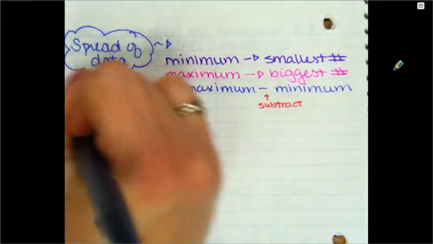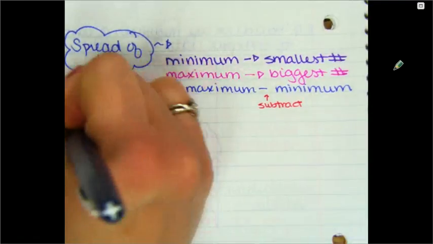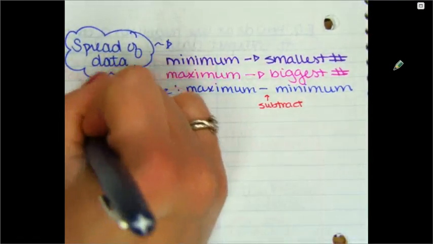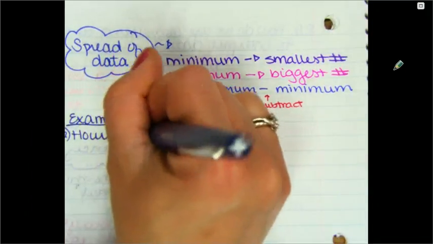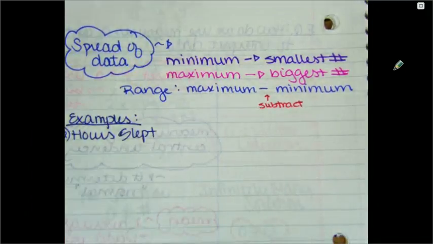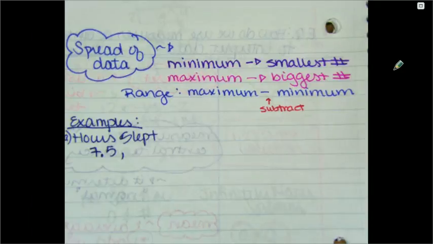Alright, so let's go to examples. We're gonna go with hours slept. So I'm gonna go first. I slept 7.5 hours.